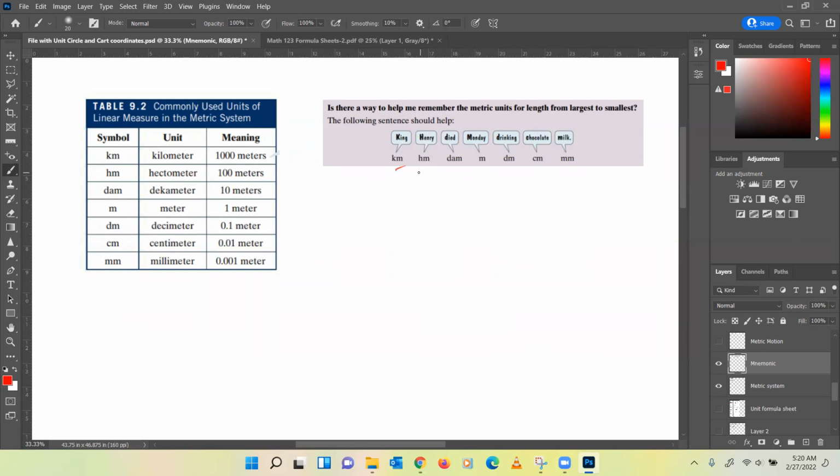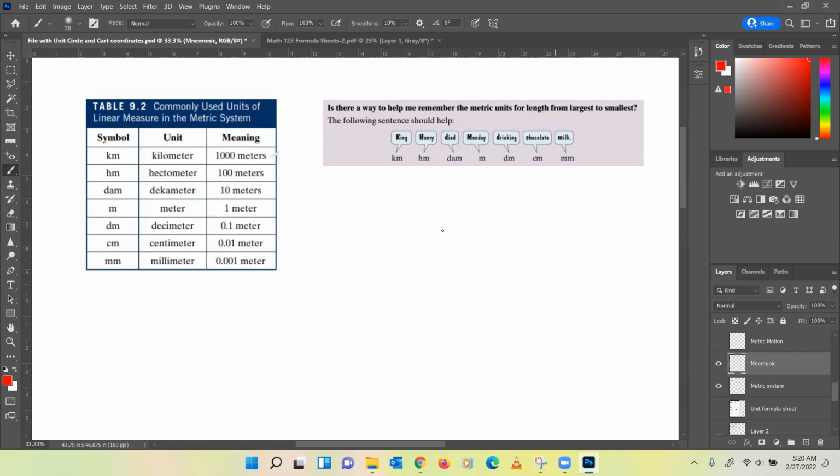That gives us the K, H, D, M, D, C, M, those prefix letters, to remember the order those come in. With practice, you get really used to it, and so it'll work out just fine either way. But until we're used to that, having a mnemonic or a table like this on the left will really help us to understand those prefixes in the metric system.